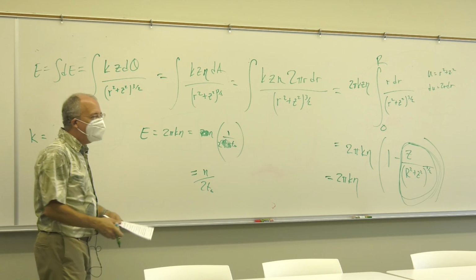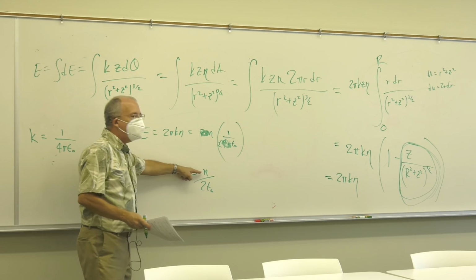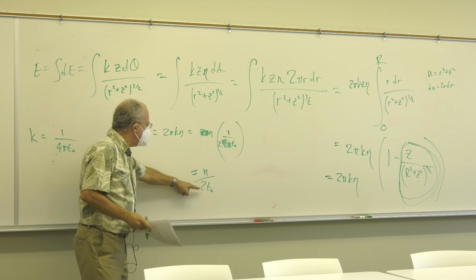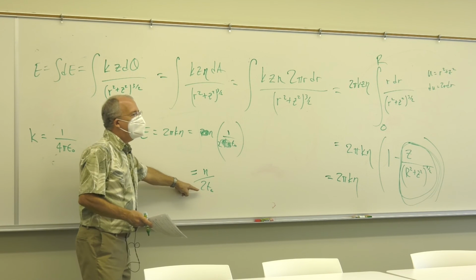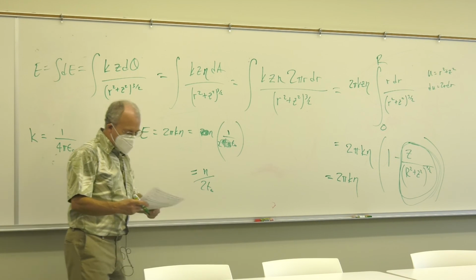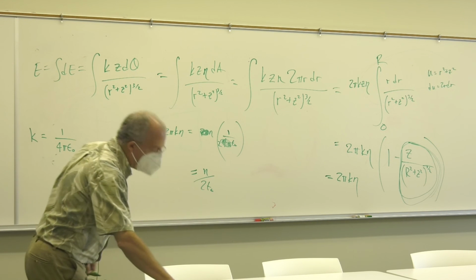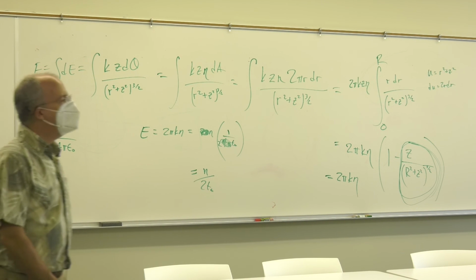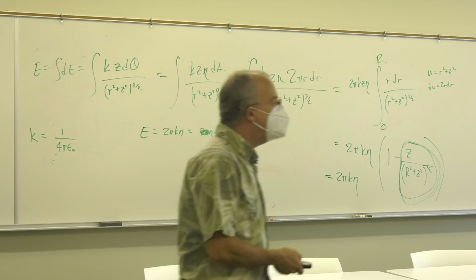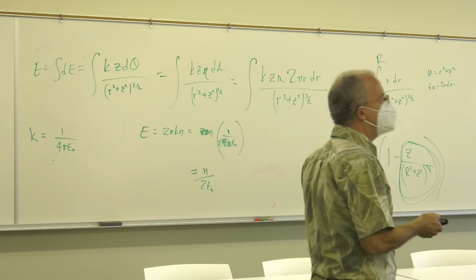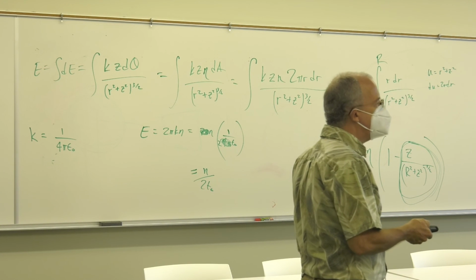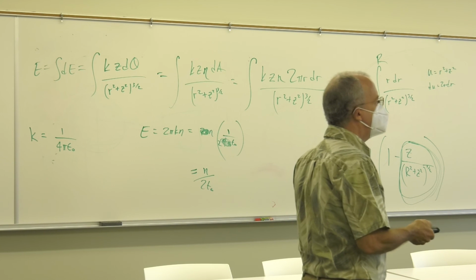Whoa! Now, is this thing a variable or a constant? It's a constant. So guess what? The E field of an infinite plane is constant. Just eta over 2 epsilon 0 is constant.